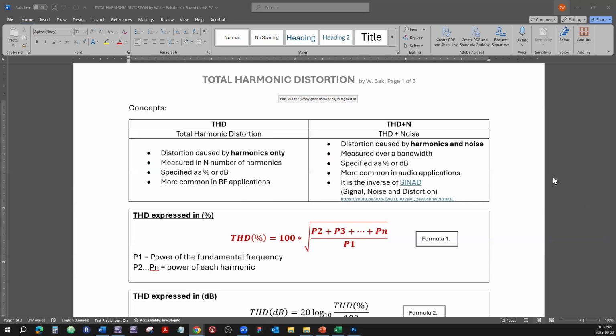And the week after that, we're going to start with the next lab. And this is going to help you with that. So THD stands for total harmonic distortion, as opposed to THD plus N, which stands for total harmonic distortion plus noise.